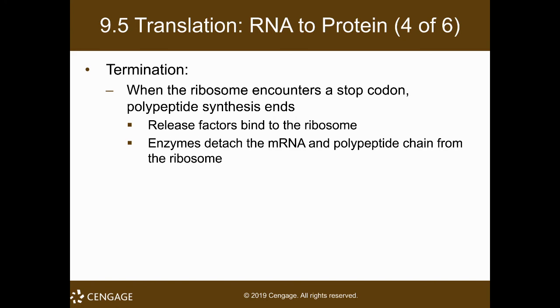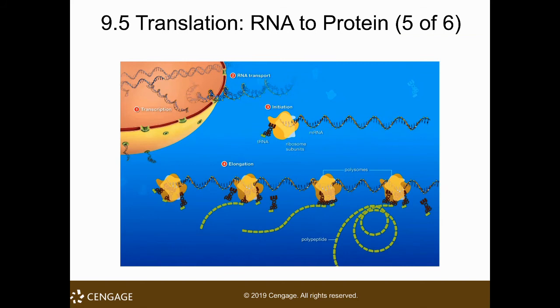When the ribosome encounters the stop codon, instead of a tRNA, the release factor will bind. And then the entire translation complex will be disassembled. The enzymes will detach the mRNA and polypeptide chain from the ribosome, and that ends your translation.